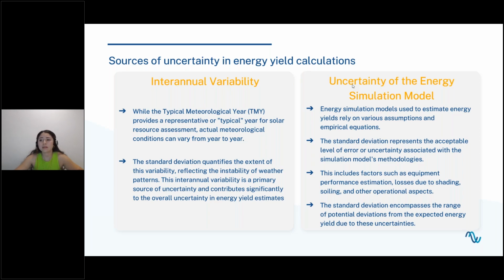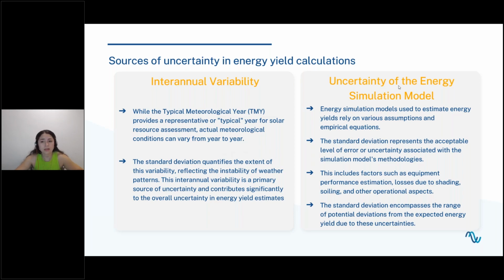These uncertainties are quantified using the standard deviation sigma value that you can enter in pvDesign, which represents the expected annual variability. And the annual variability sigma value will be dominated by the meteo year-to-year variability. You can see here we have the inter-annual variability, which is the meteorological conditions that vary from year to year.